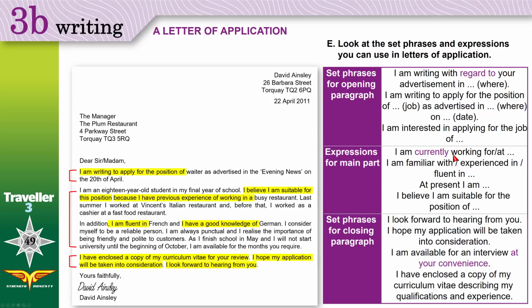"I am currently, right now, at the moment, working for or at." "I am familiar with, experienced in, fluent in." "At present, I am" is the same as "I am currently working." "I believe I am suitable for the job, for the position of."